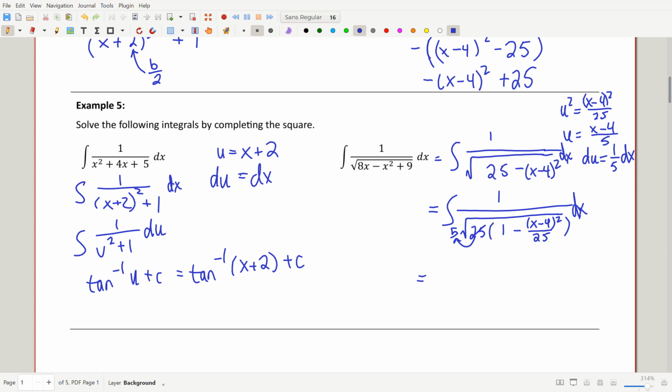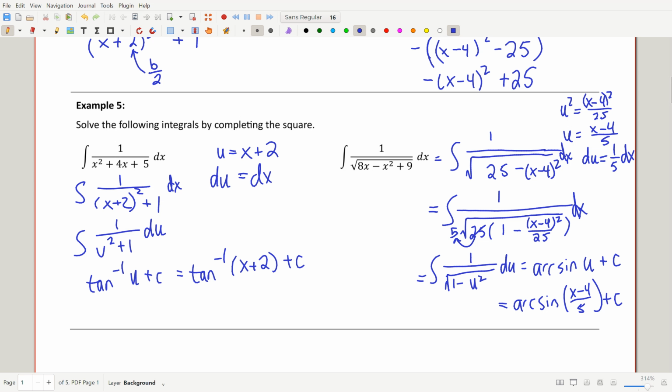So we have the integral of 1 over the square root of 1 minus u squared du, which is arcsine of u plus c, which is the arcsine of x minus 4 over 5, plus c. Fun stuff, right?